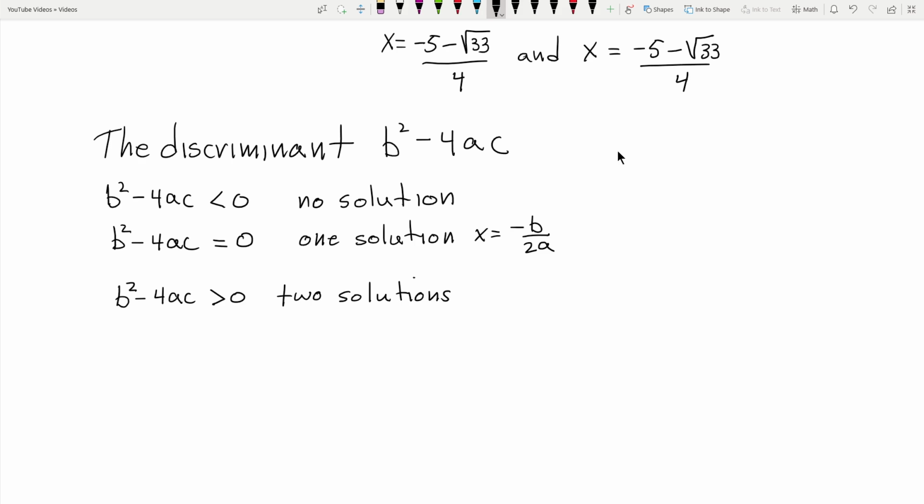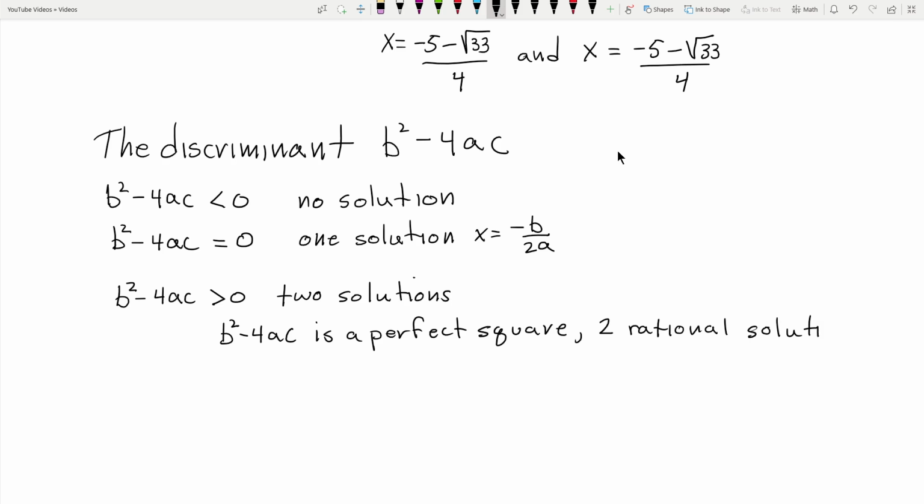So underneath this, if b squared minus 4ac is a perfect square, I'm going to have two rational solutions. If it's not a perfect square, I'm going to have two irrational solutions.